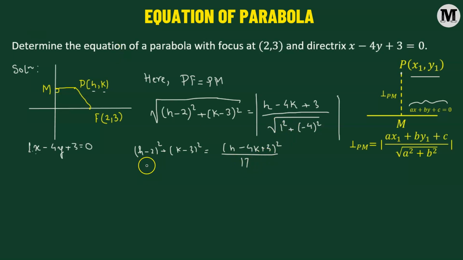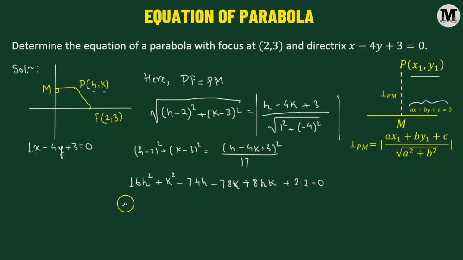We can expand each of the terms and simplify, which I'll leave as an exercise for you to try out. It should give us 16h squared plus k squared minus 74h minus 78k plus 8hk plus 212 equals 0.